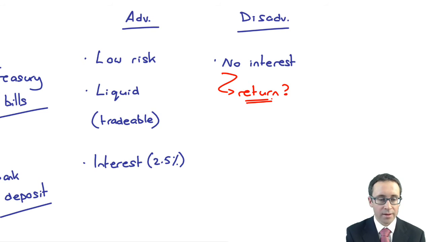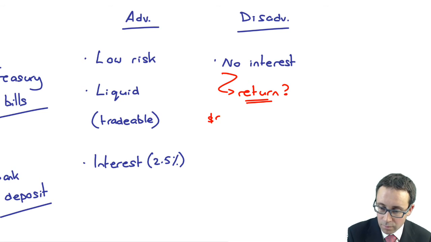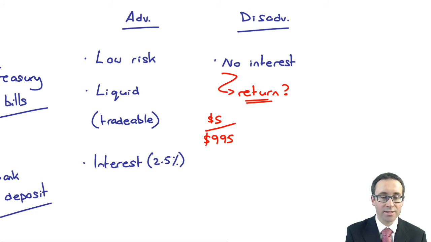Because what we've got there is we get a return, don't we, of $5 on the $995 that we invest? You could work that out as a percentage, couldn't we? Very low, but then you can annualize that, couldn't we? Okay, for the 4 quarters.